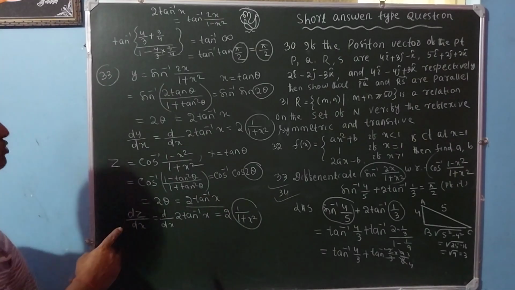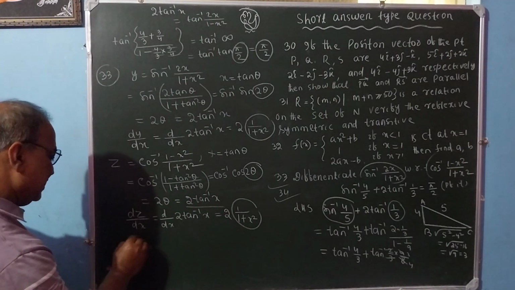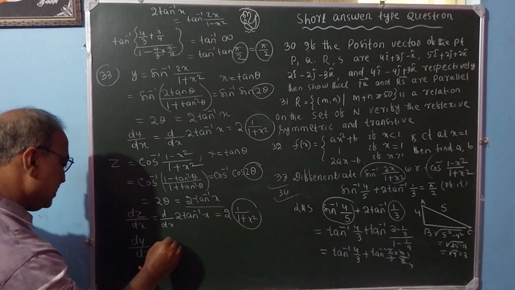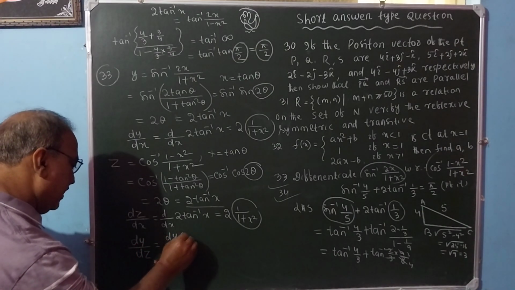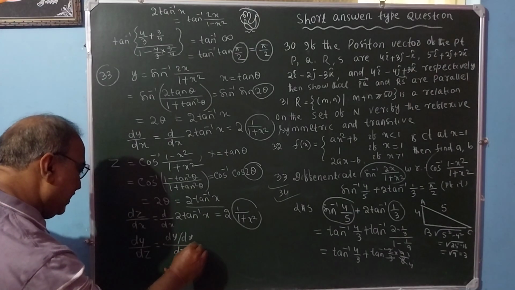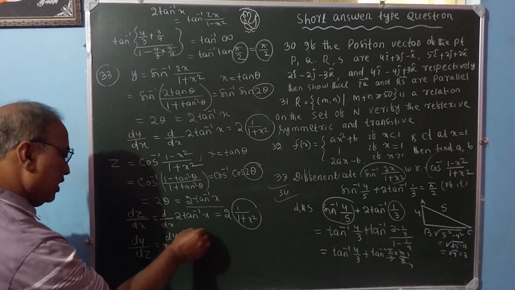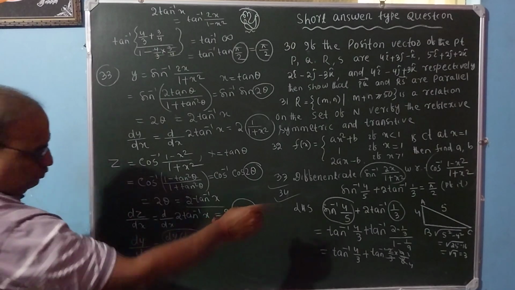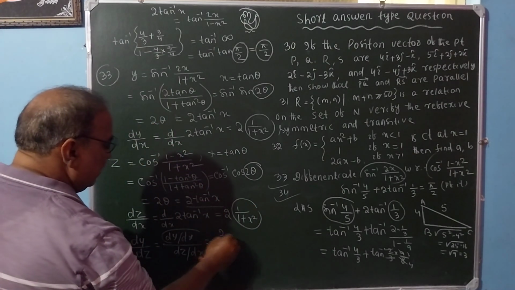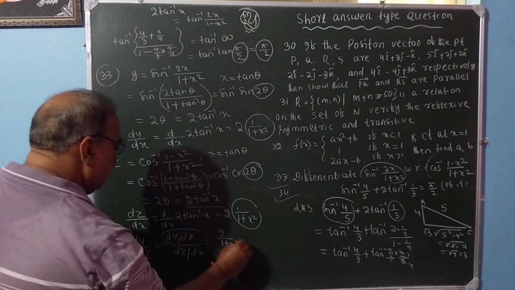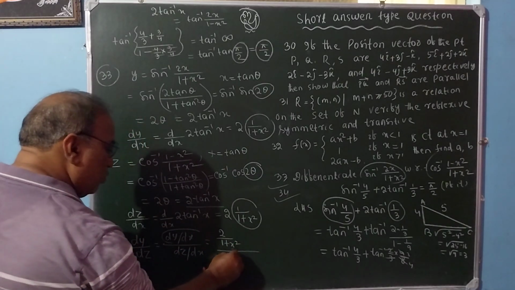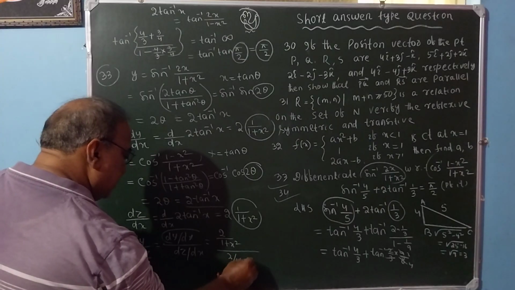So our aim is to find dy by dz. dy by dz is the same as dy by dx divided by dz by dx. So dy by dx is already found out, 2 by 1 plus x square, divided by dz by dx, which is also 2 by 1 plus x square.